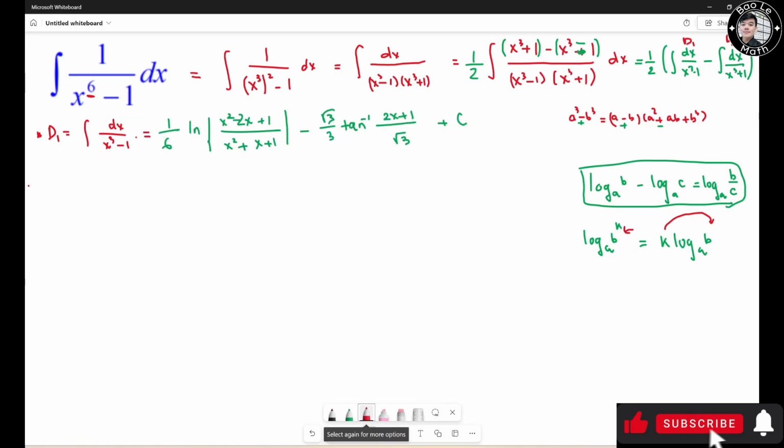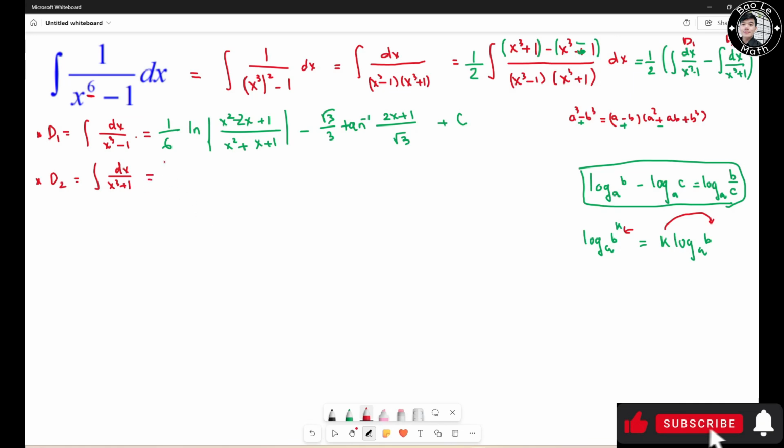Alright, so we just calculated the integral of ds over s cubed minus 1 equals 1 over 6 natural log of absolute value of s squared minus 2s plus 1 over s squared plus s plus 1 minus root 3 over 3 tangent inverse of 2s plus 1 over root 3 plus c, right? So if we do exactly the same thing, we will have d2 is going to be the integral of ds over s cubed plus 1.